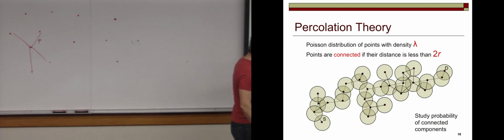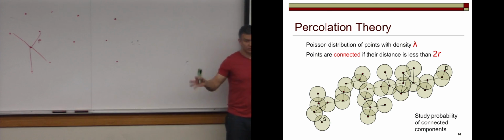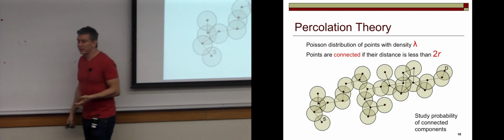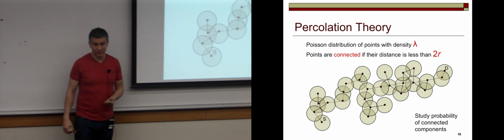Each cell phone is a point that has a certain radius around it. And for this to be a commercially viable product, you want people to almost always have cell phone connectivity, at least in urban areas. So here's the question.